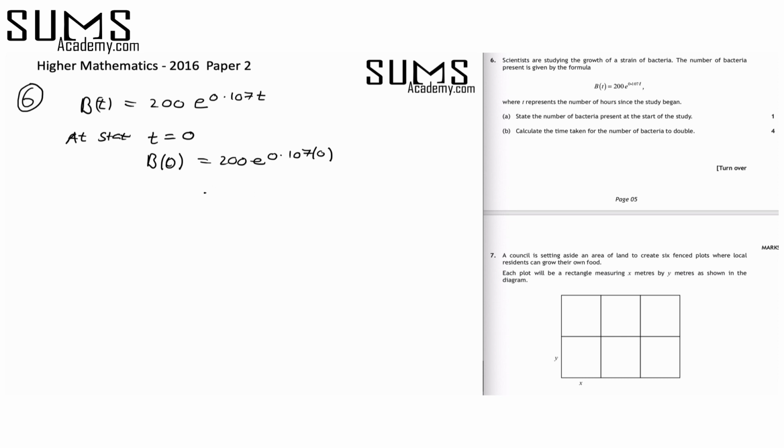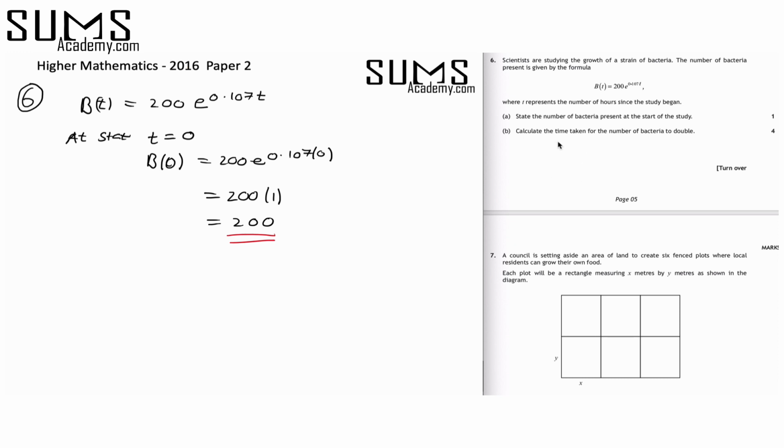Well, 0.107 times 0 is just 0, then e to the power of 0, and we know that everything to the power of 0 is actually just 1. So it just works out as 200. That is our final answer: 200 bacteria. That's how many bacteria were there.